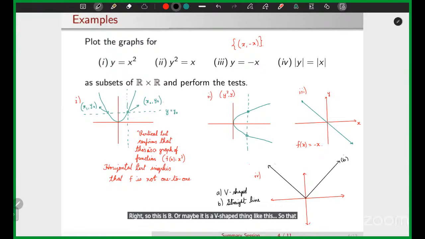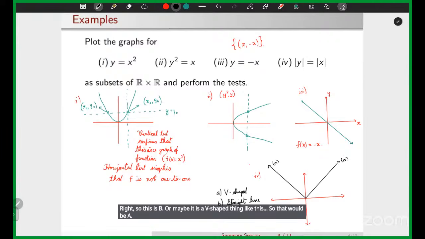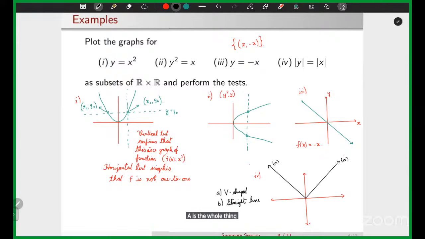So that would be A. A is the whole thing. B is just that part. I'll put A over here, let's say. But yeah, both are incorrect, but there are partial ideas there.